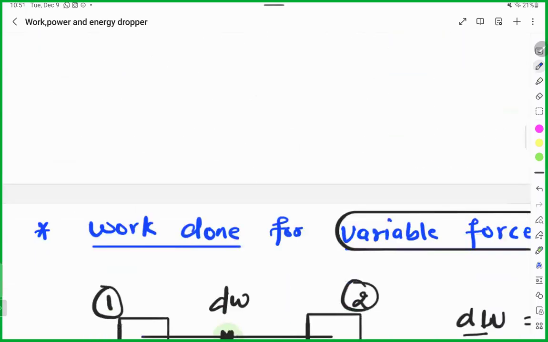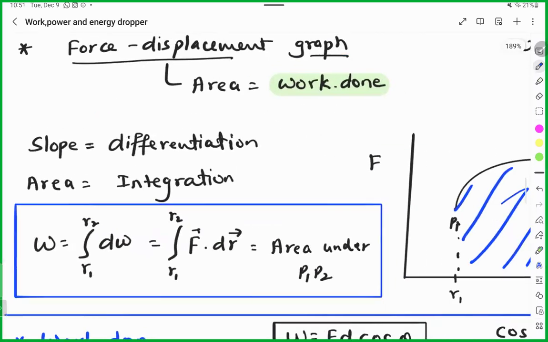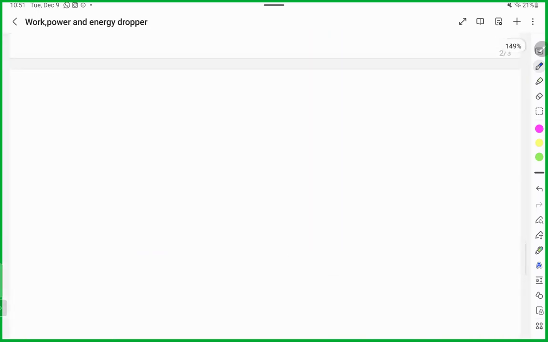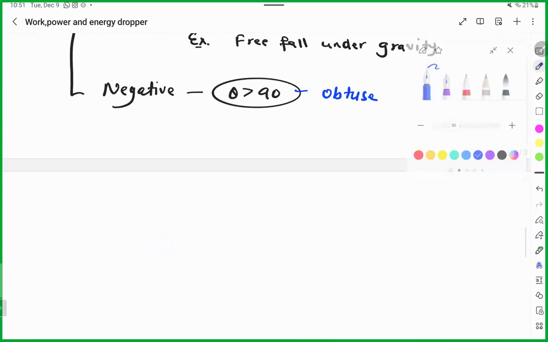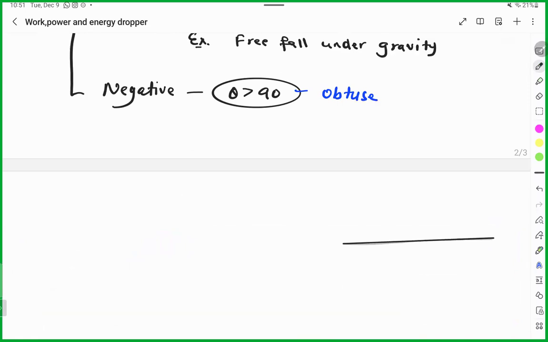When force and displacement are in directions opposite to each other, or the angle is more than 90 degrees, it will be negative. Example, you can draw a diagram here.